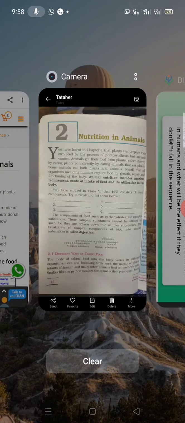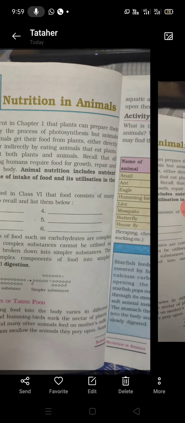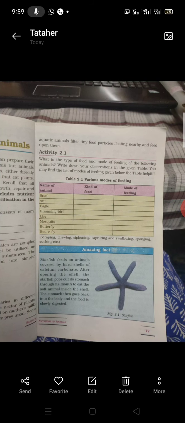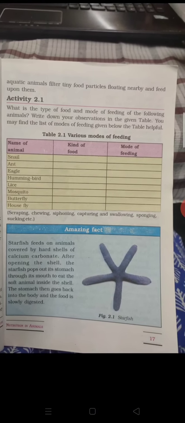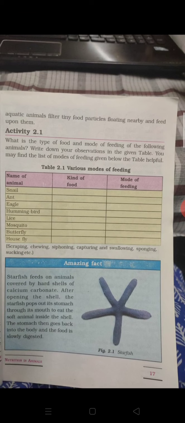Actually, you have to do one activity related to this. See in your book, page number 17, second page of this chapter. See this activity, activity 2.1. What is the type of food and mode of feeding of the following animals? In column number 1, names of some animals are given.